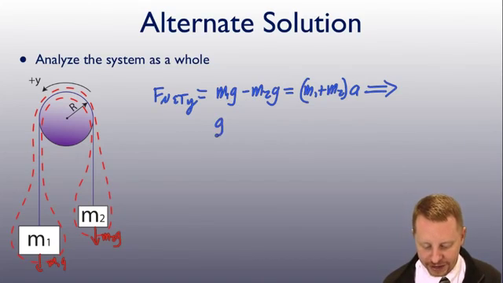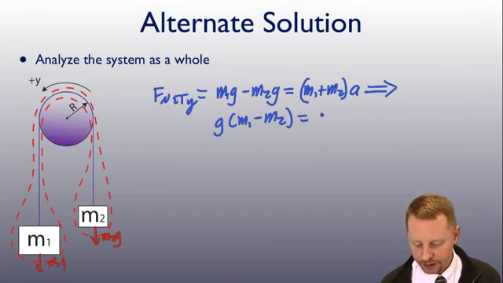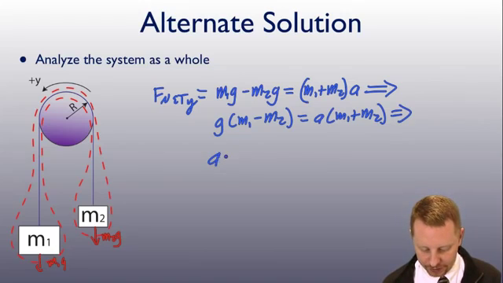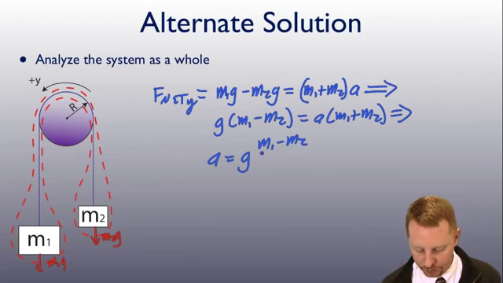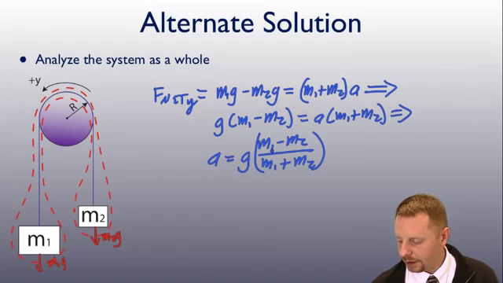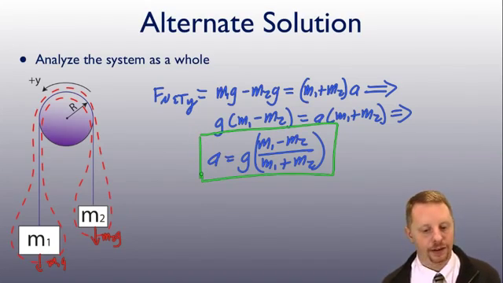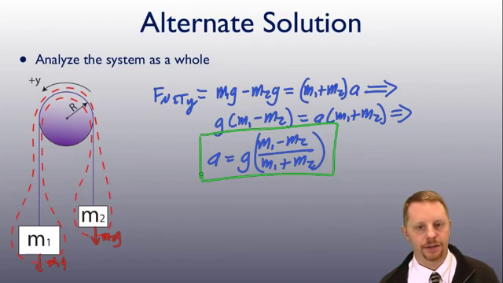I can pull g out on the left-hand side. g times (m1 minus m2) equals a times (m1 plus m2). Or, again, solving for a, a equals g (m1 minus m2) over (m1 plus m2). Same result, just calculated in a different manner, using that alternate method, looking at the system as a whole.